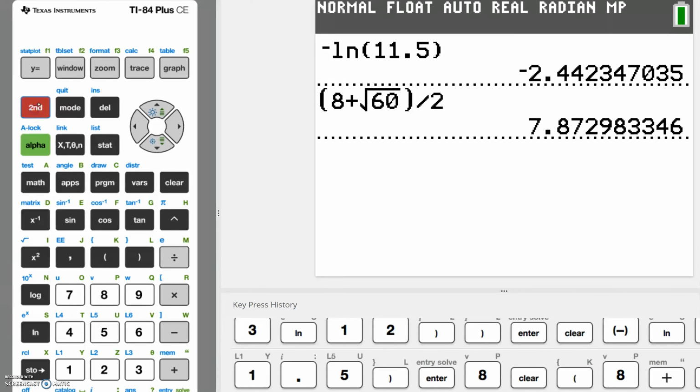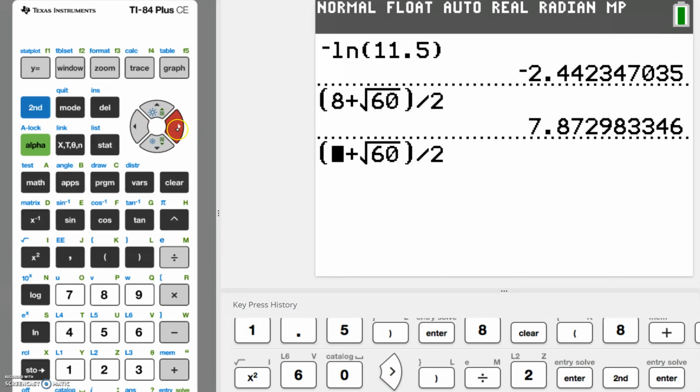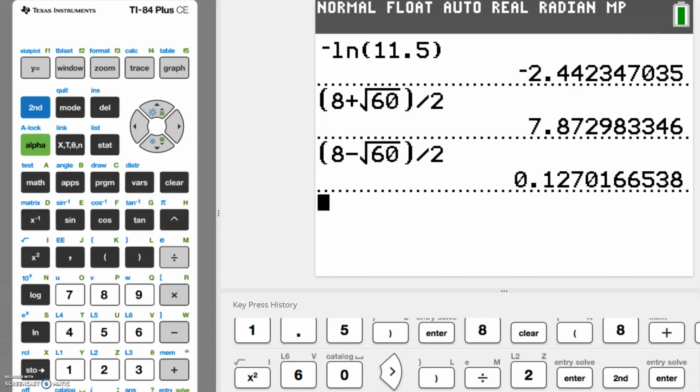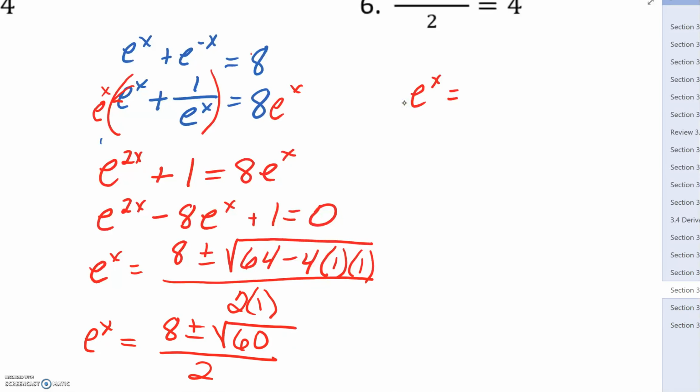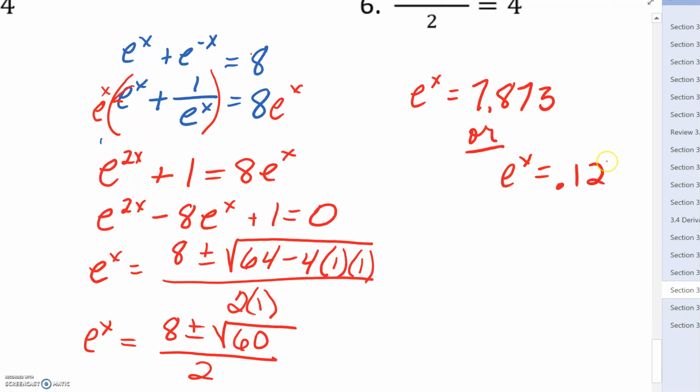And then if we do the same thing but change it to minus, 8 minus the square root of 60 over 2, we get 0.127. So let's put both of those into our equation over here. So e to the x is equal to either 7.873 or e to the x is equal to 0.127.